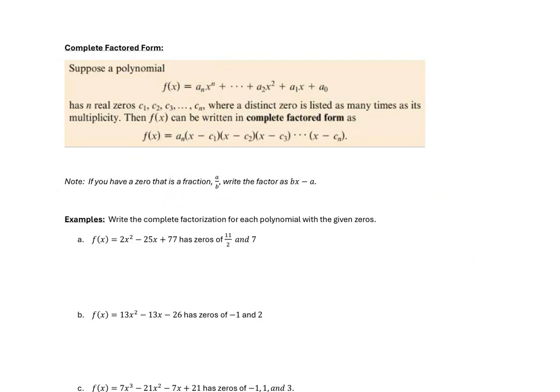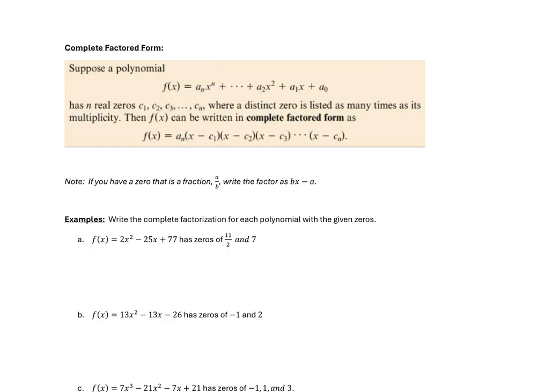All right, the next thing that we're going to talk about is completely factored form. We want to start with a polynomial that is written in descending order. And the first thing that we want is that it has n real zeros, where a distinct zero is listed as many times as its multiplicity.